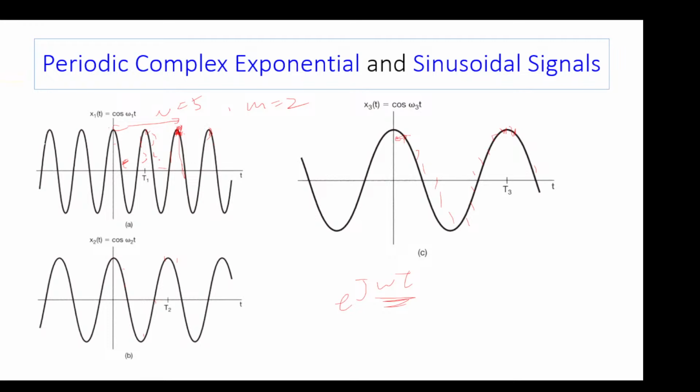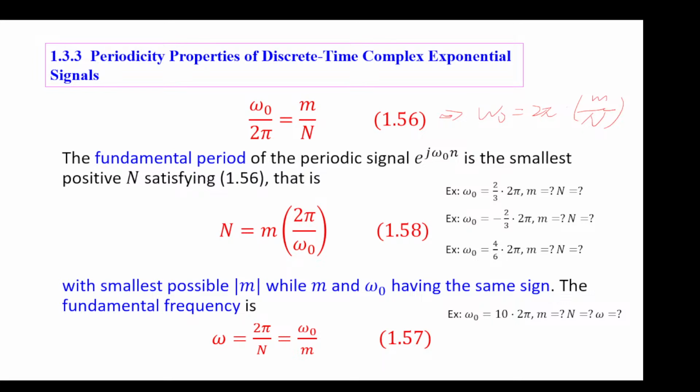Any questions about the calculation? Anyway, this is the period for discrete complex exponentials. And then there's a more confusing thing. This is the fundamental period, and there's a fundamental frequency.